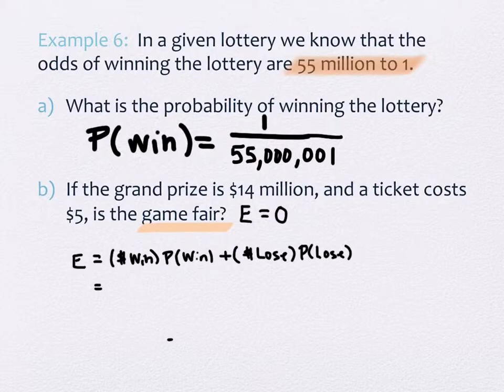So taxes aside, we don't really win $14 million. We win $13,999,995. Are you with me? Because you paid to play. And what is the probability that you will win?